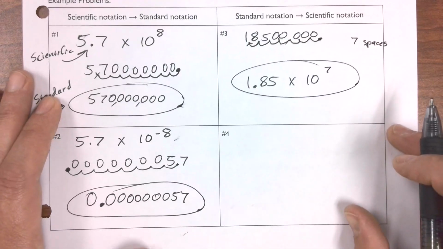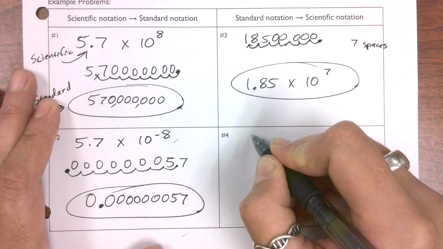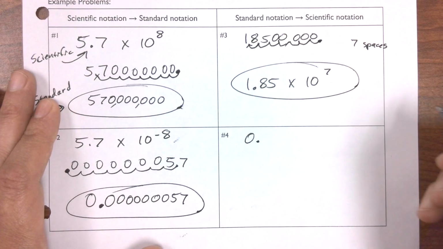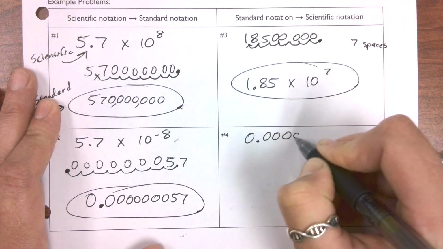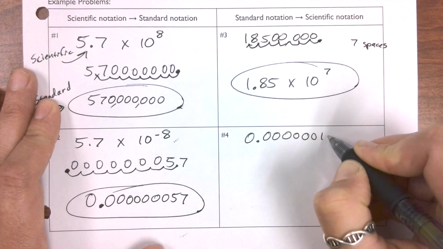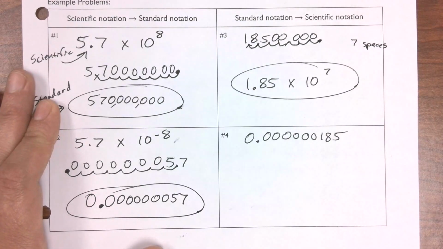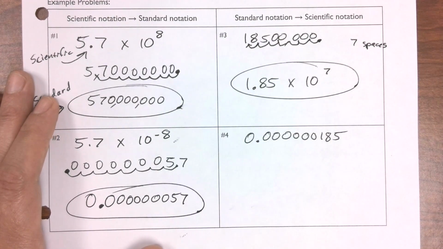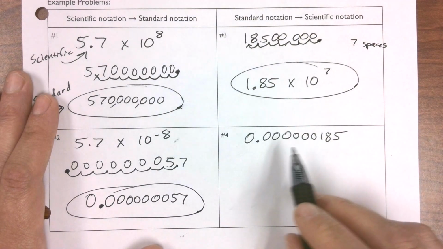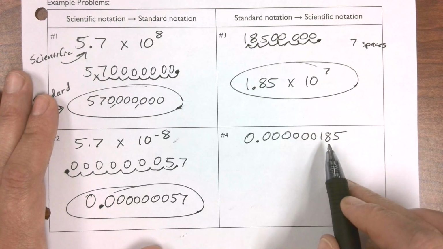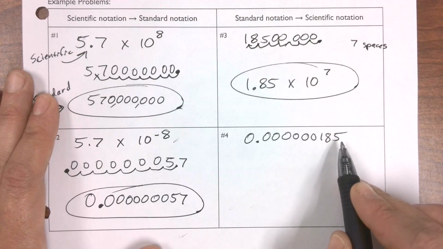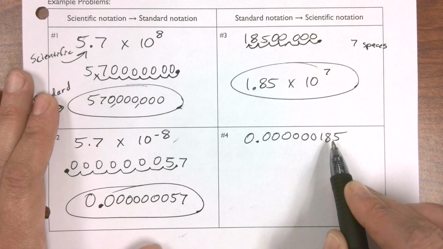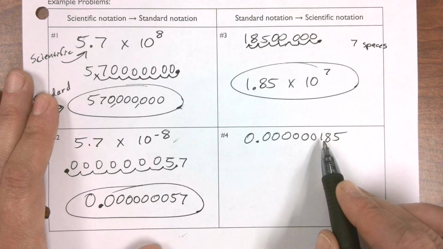Let's look at one final example. In this case, it's going to be 0 point, and then there are 6 zeros: 1, 2, 3, 4, 5, 6, and then 185. So again, same thing here. We need to decide where we want our decimal to end up. This is pretty much the same as our previous example. If I put it back here, 185 is too big, 18.5 is too big, 1.85 is just right.